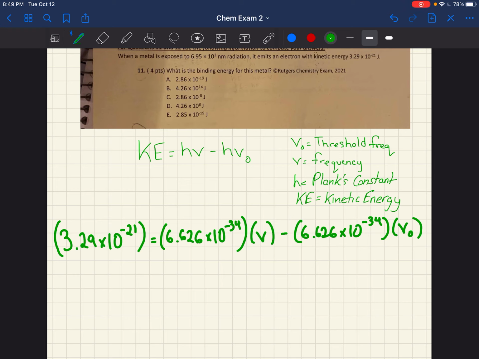We're going to be solving for V0 in this case. That's going to give you your binding energy.